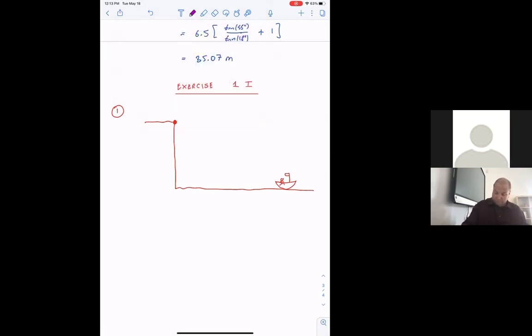So that means from the horizontal, because angles of elevation and depression always get a horizontal, to the boat, and I assume they mean the bottom of the boat, is 17 degrees. That's an angle of depression of 17 degrees.